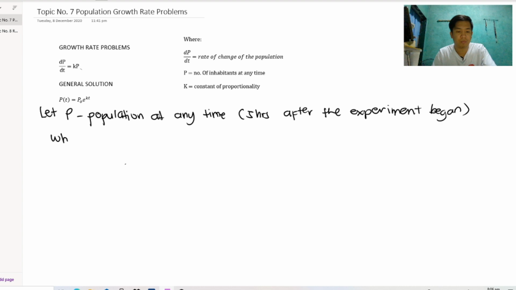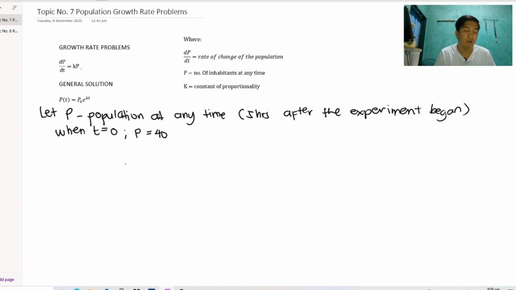When t equals 0, our population at time 0 is 40. This is the number of bacteria at the start, the first number of bacteria placed in the colony.